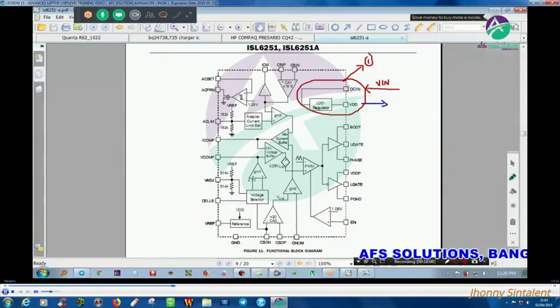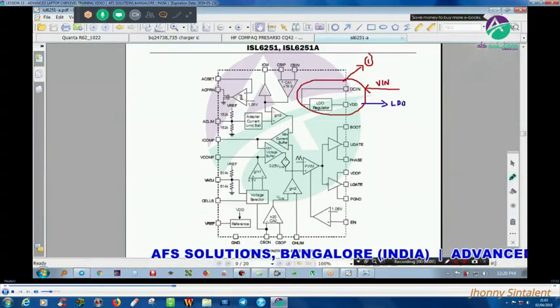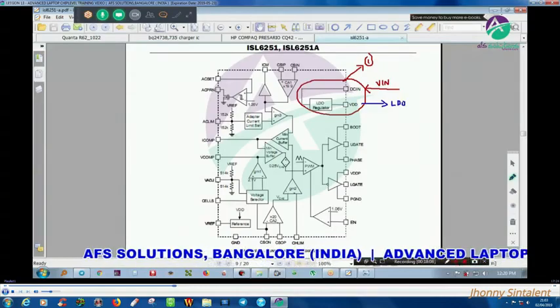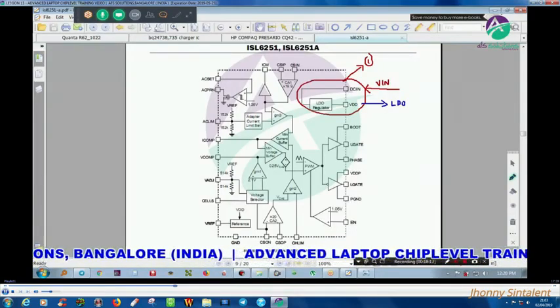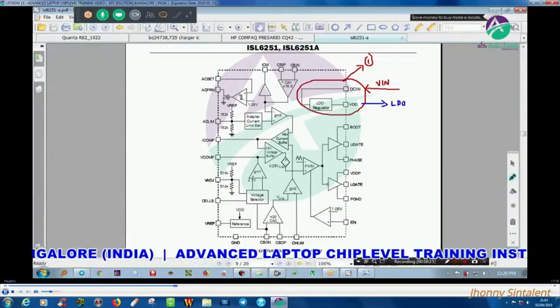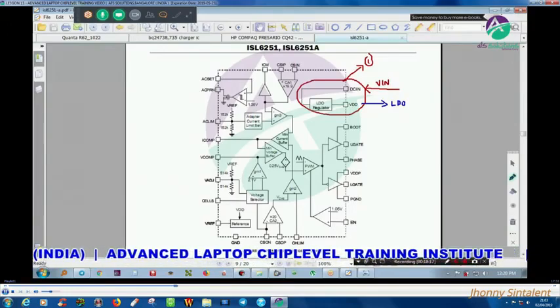It is called low drop output. We have an internal regulator which will generate a low drop output.